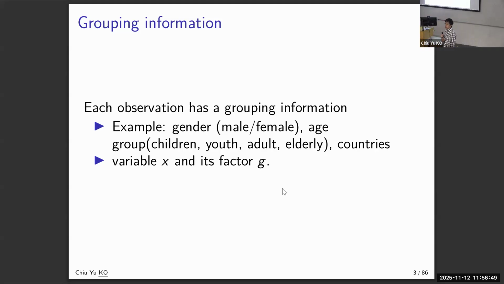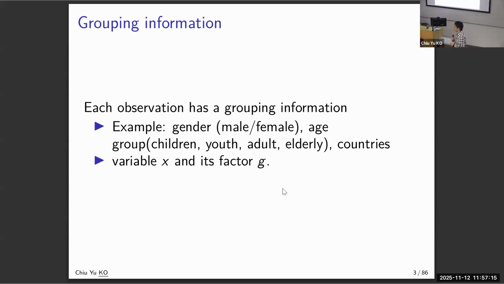And you ask, what happens if age group is not the grouping, but rather I have the exact ages? In that case, we will do regression, which will be next class. We're studying whether groupings are related to the variable, whether the means of different groups are different or the same.